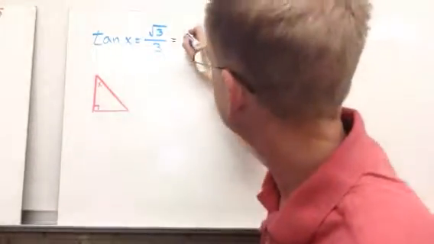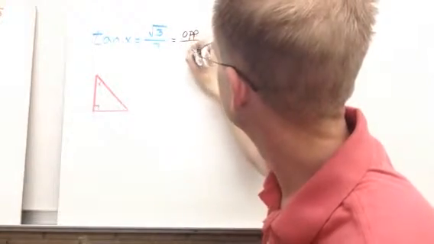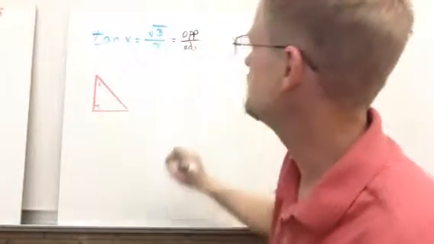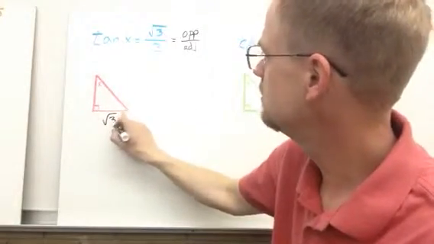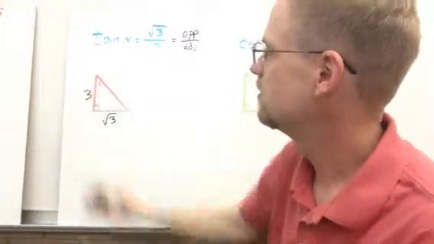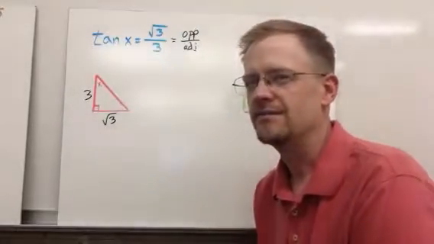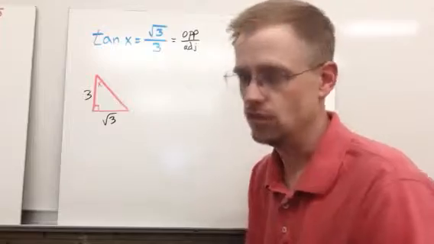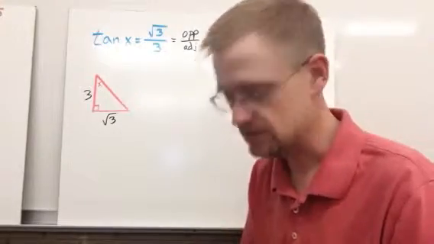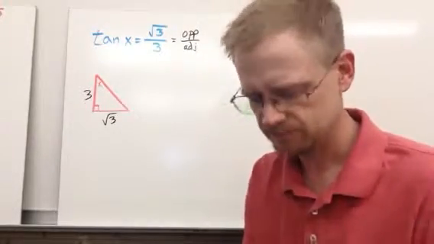Tangent, again, is opposite over adjacent. So opposite our x, we put square root of 3. Adjacent, we put 3. Now, this does not look like a special right triangle, so we are best to use our calculator.